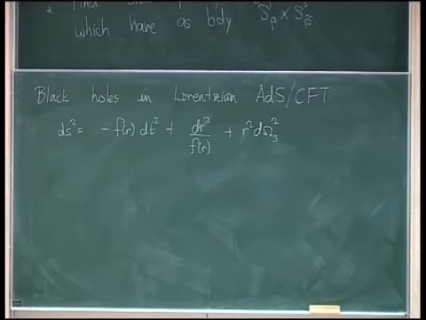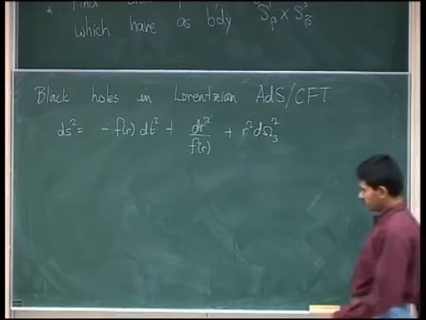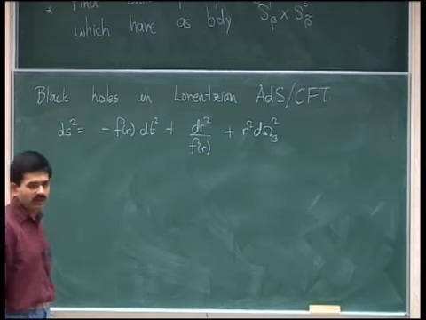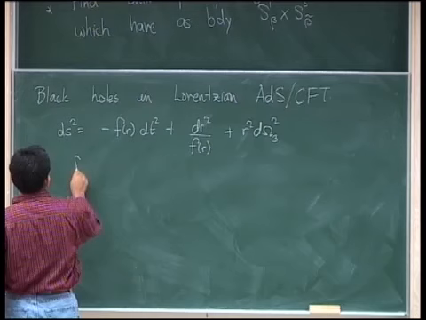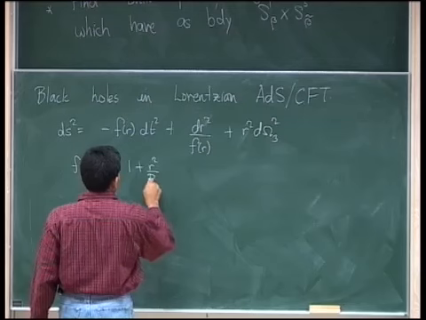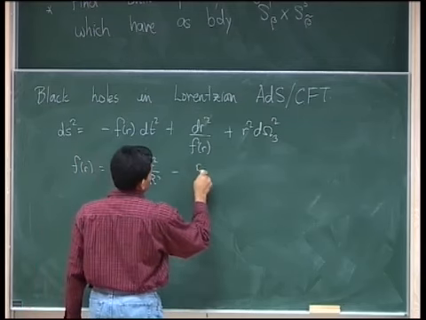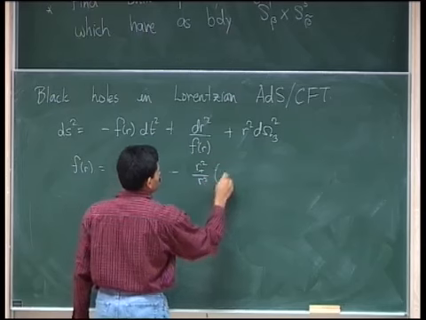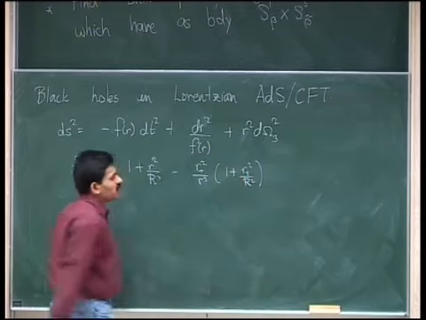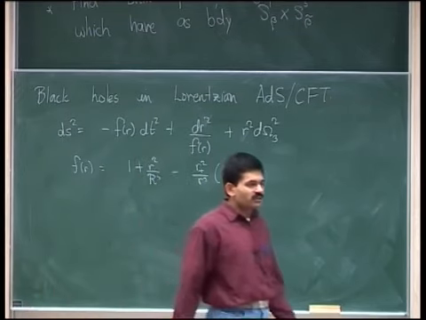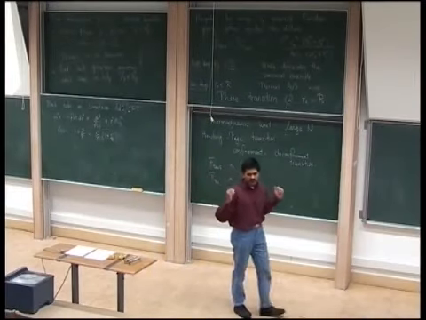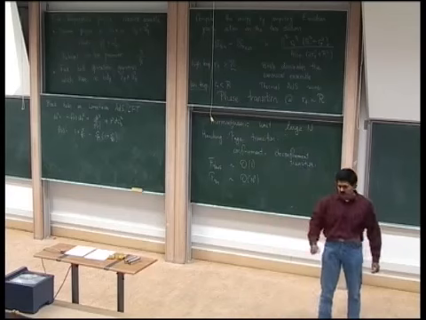I took my black hole solution, which I had a couple of moments ago, and flipped the time coordinate to get a Lorentzian solution, where f of r is still the same as before. And of course, now the interpretation of the geometry is different. This is a Lorentzian geometry with a black hole horizon and singularities.